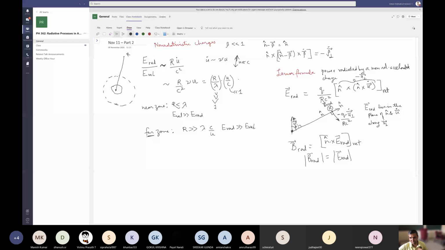Since n hat and E hat are perpendicular, the magnitude of B will be the same as the magnitude of E. This is what was true for our electromagnetic fields. And what does this also mean? This means that the radiation is fully, linearly polarized, because it's oscillating in this plane with this amplitude.